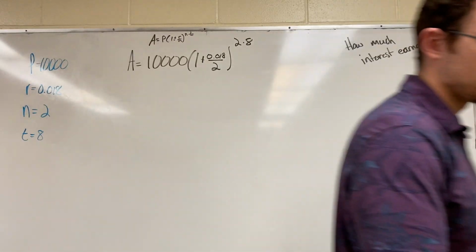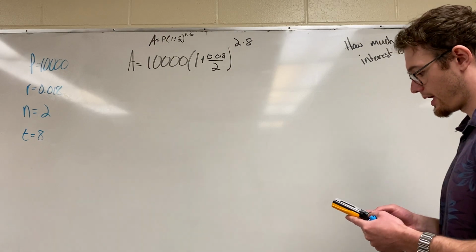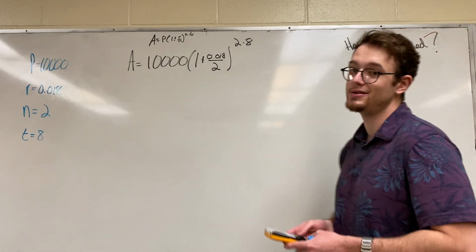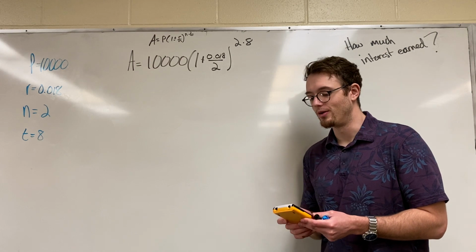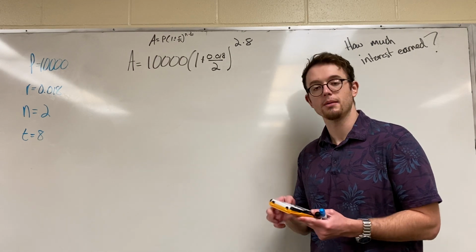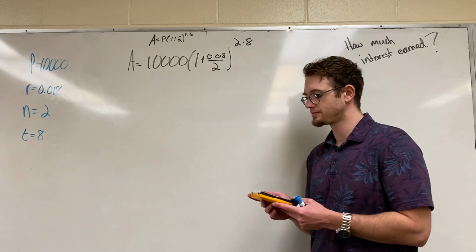All right, so I'm gonna type all that in. And for my students, I strongly suggest you use Desmos, because if you use your phone calculator, you might mess up PEMDAS in your order of operations. It might not come out right.